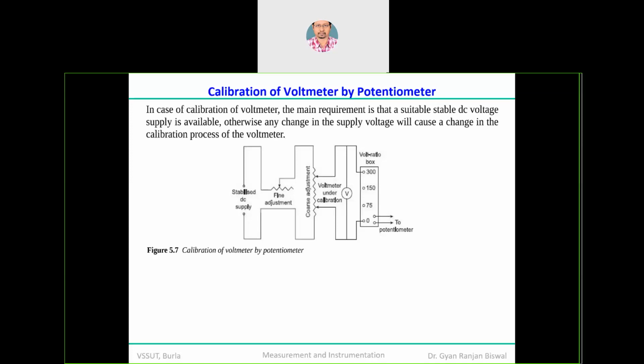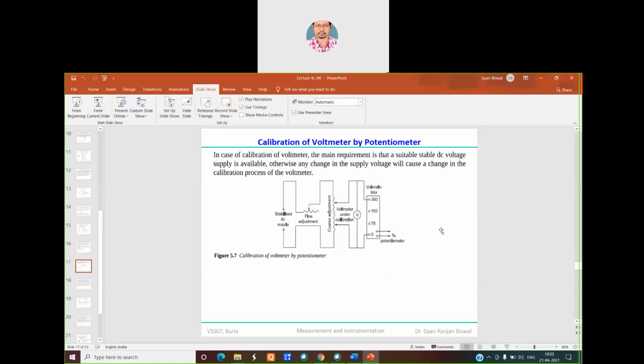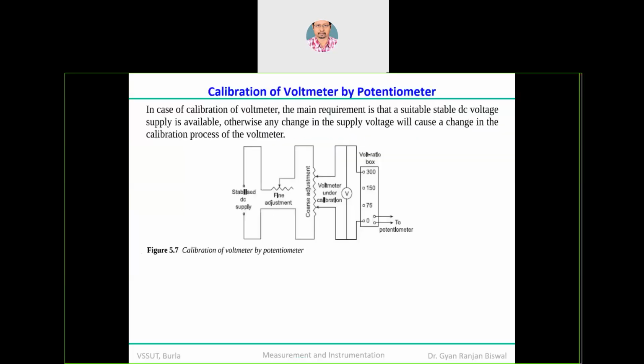Now let's see a very interesting thing: how you can do the calibration of these measurements. In case you want to calibrate a voltmeter, the main requirement is to provide a suitable, stable supply of DC voltage.